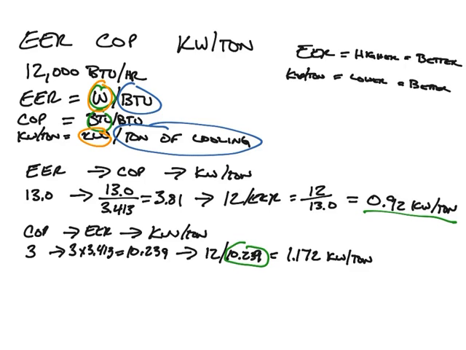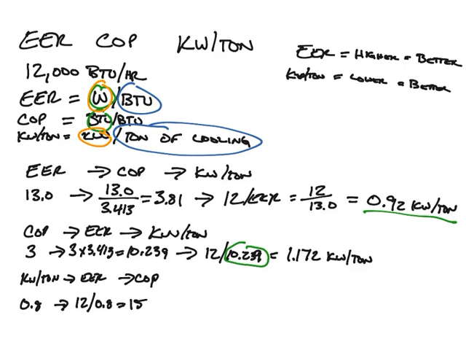Now, the last way we're going to convert this is by going from kW per ton to EER to COP. Let's say we've got a kW per ton of 0.8. First off, we know for sure that the EER has to be higher than 12 because the kW per ton is lower than 1. So 12 divided by 0.8 gives an EER of 15, which checks out.